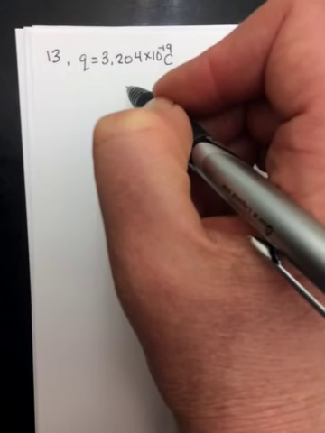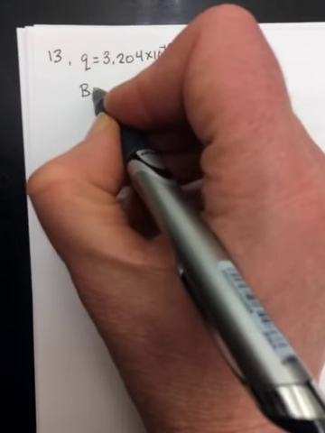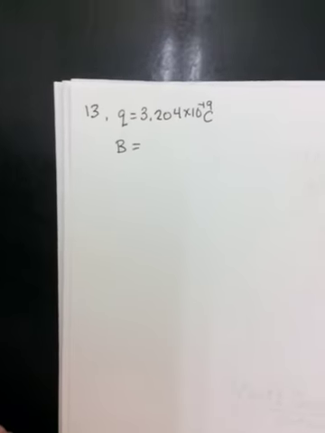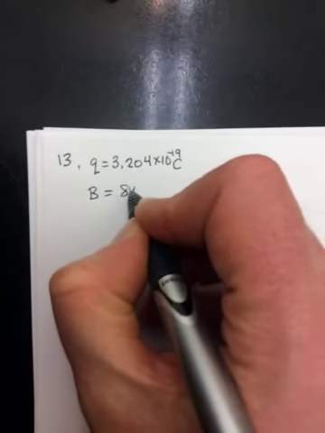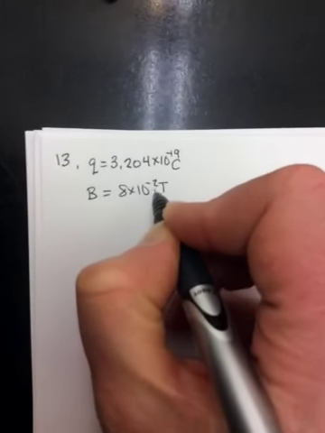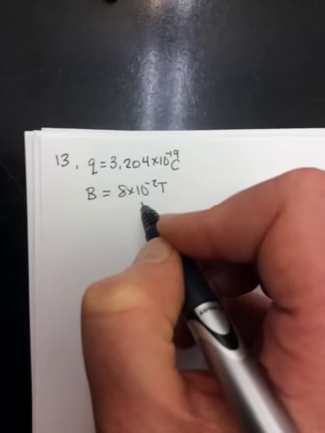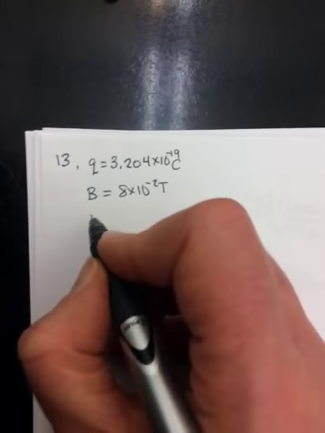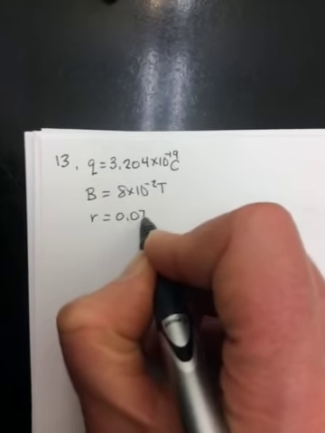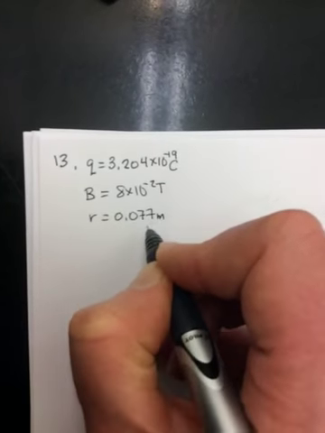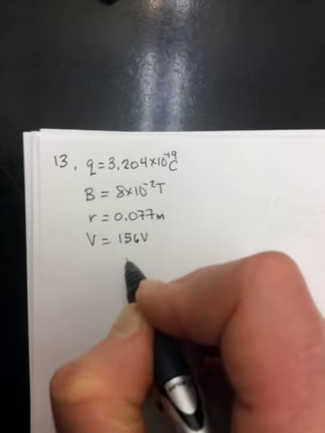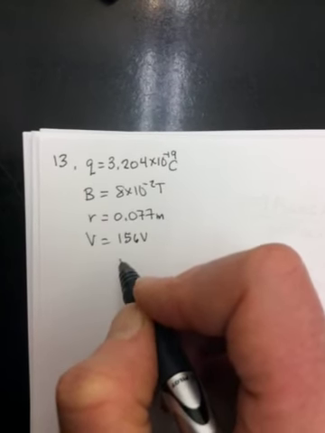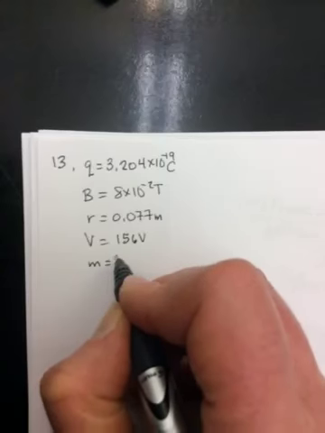B is equal to 8 times 10 to the negative 2 teslas. R is 0.077 meters. Voltage, 156 volts. And it says calculate again the mass.